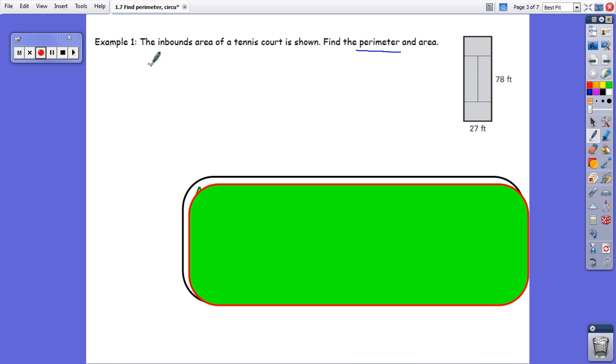The formula for perimeter is P equals 2L plus 2W. So perimeter is 2 times the length, 78, plus 2 times the width, 27.